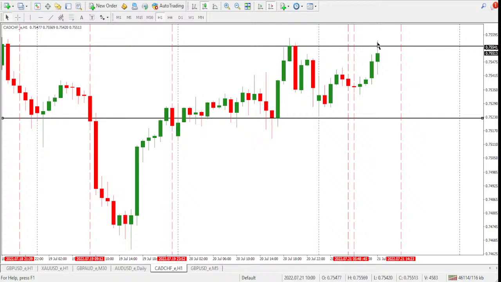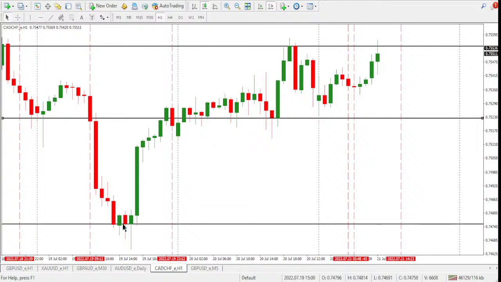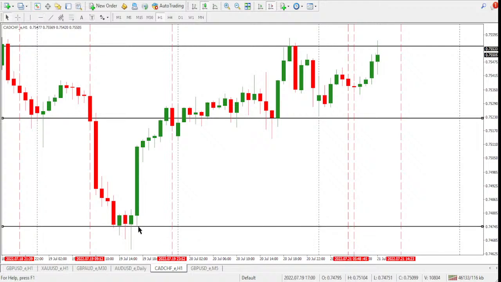If the price can move up and break above this line, which is 0.75543, then that will be a sign that we are now continuing to the upper side.